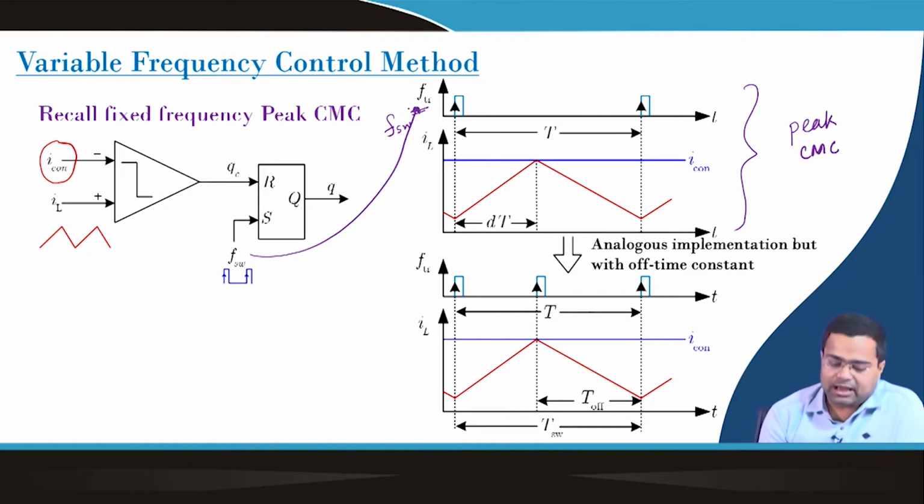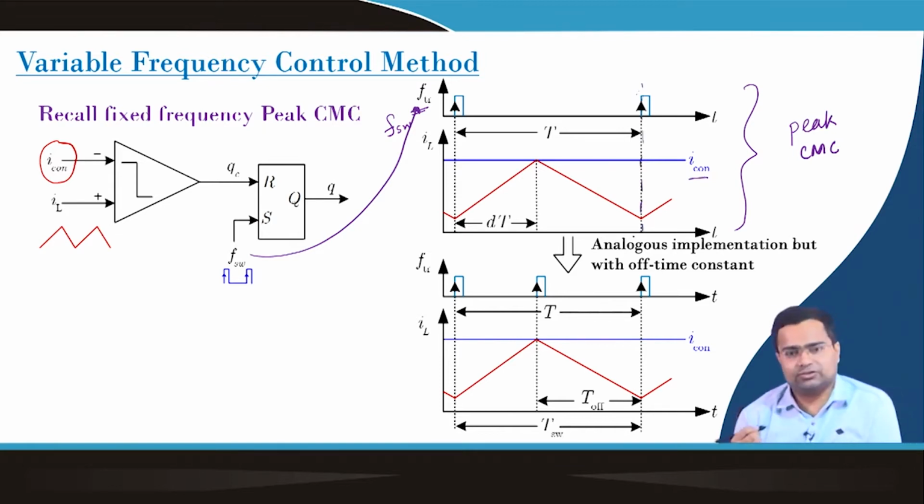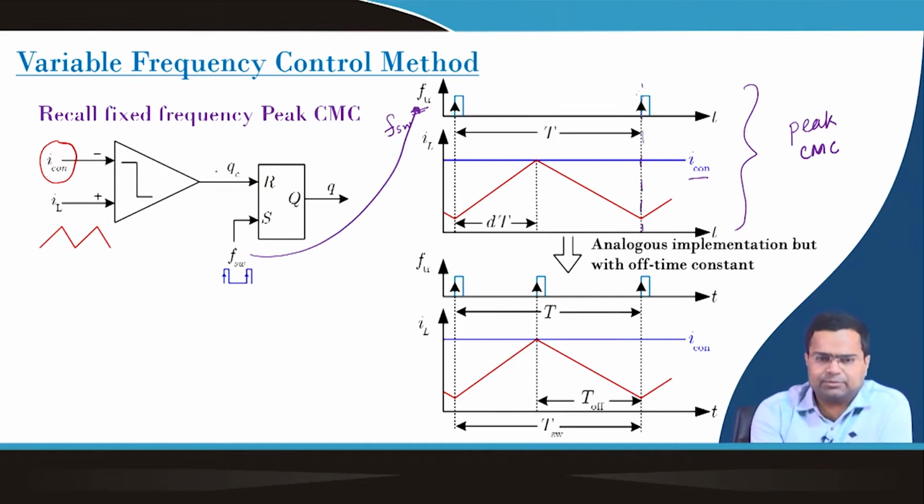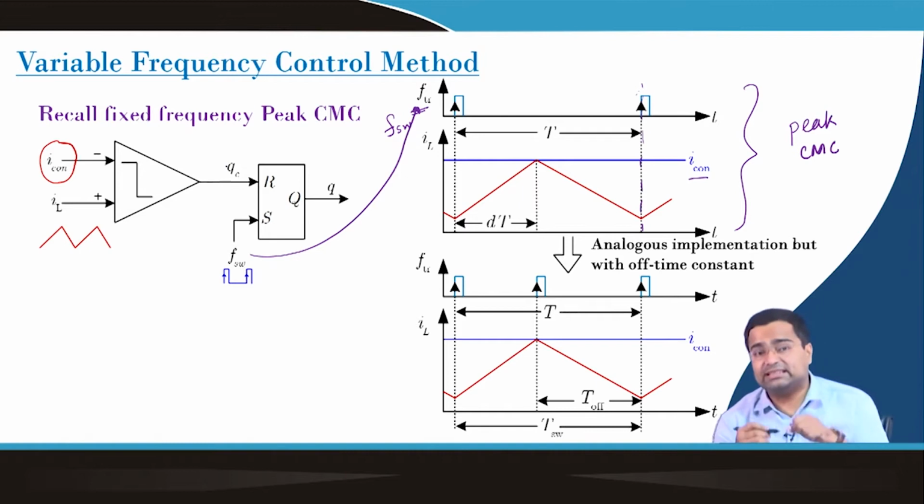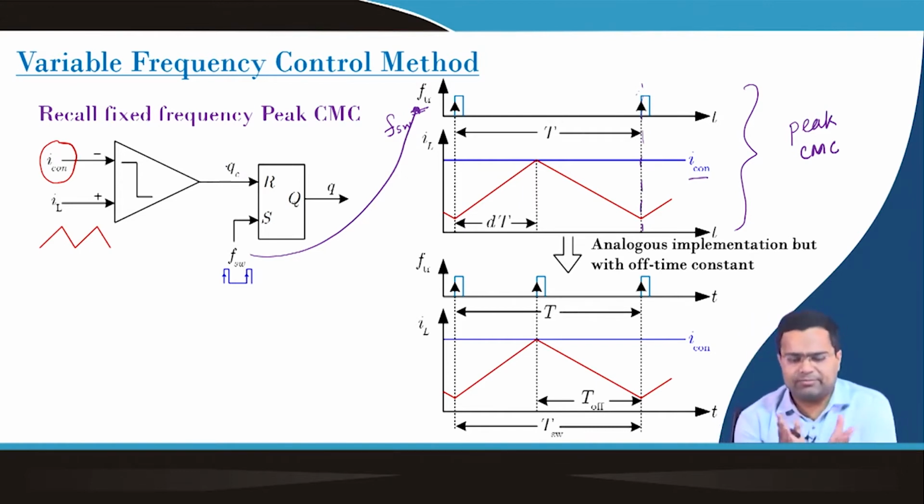The switch turns on and whenever the inductor current reaches the peak current, here the control current, the switch turns off and remains off until the next clock comes, and here again it turns on. We also discussed whether it is reset dominant or set dominant. Now, what I am trying to say is, in this case we control the peak current.